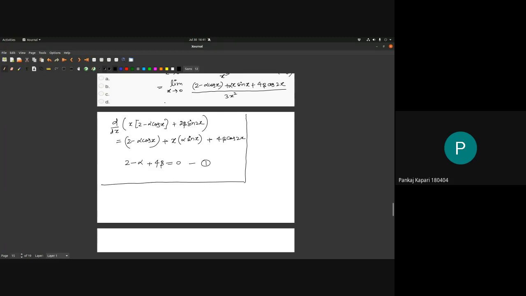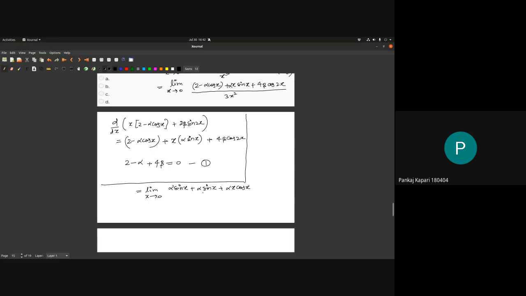Again this limit, I'm continuing after this line, is equal to limit x tends to 0. Again we have to find the derivative of the numerator. What is the derivative of the numerator? It is alpha sin x plus alpha sin x plus alpha x cos x.